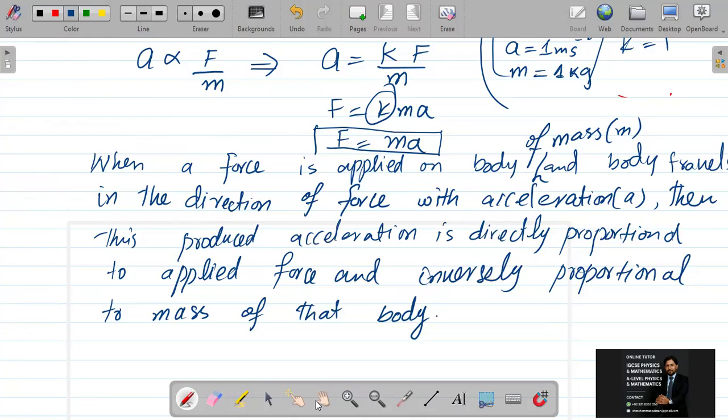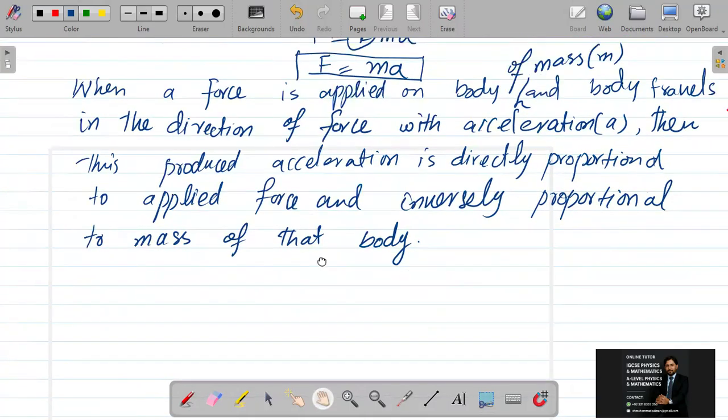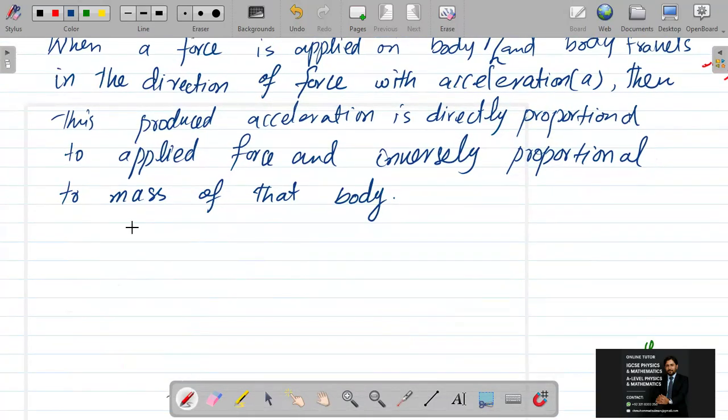And if I define from here a Newton, what is 1 Newton force?